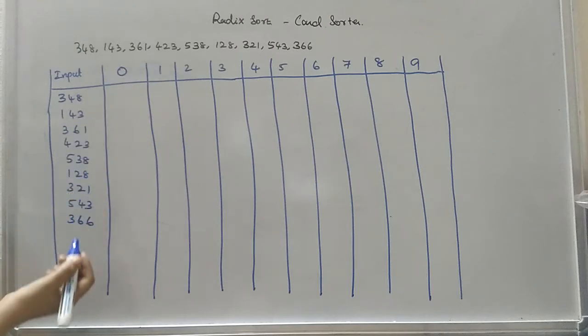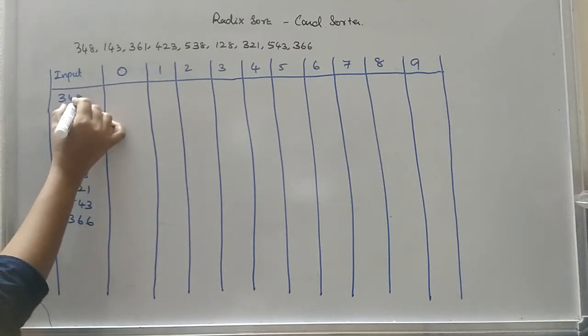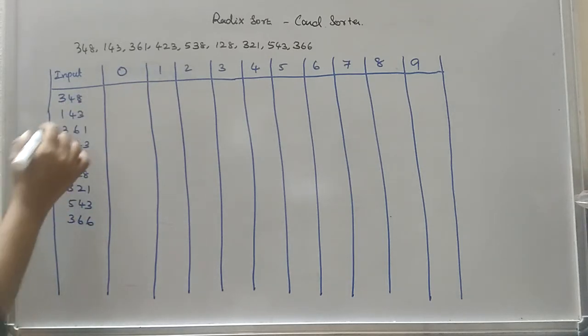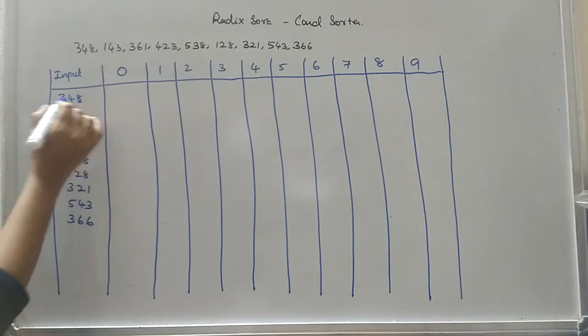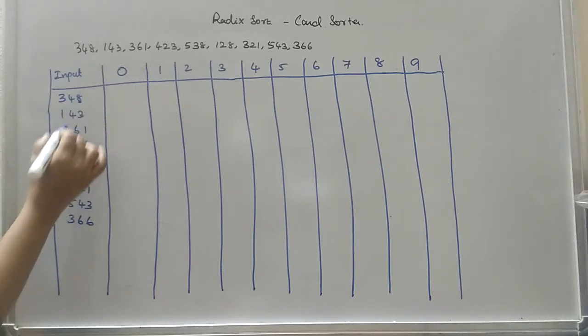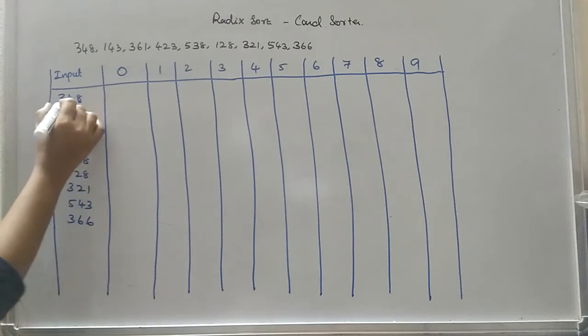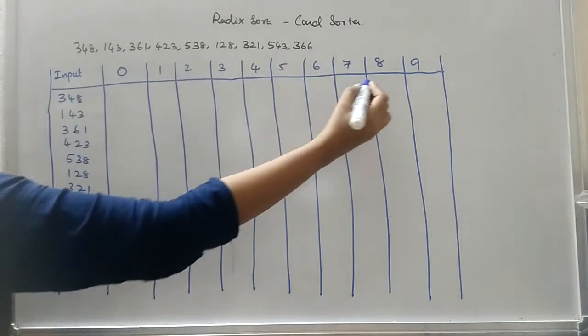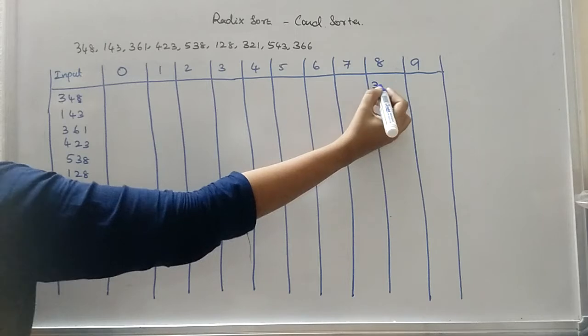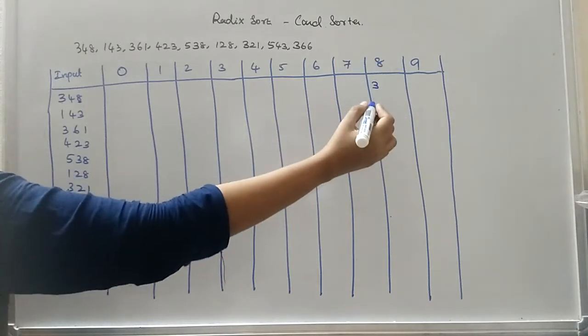So you have to first take the first input. What's the least significant bit? It's 8. So you have to write this number in the pouch which is having the 8.